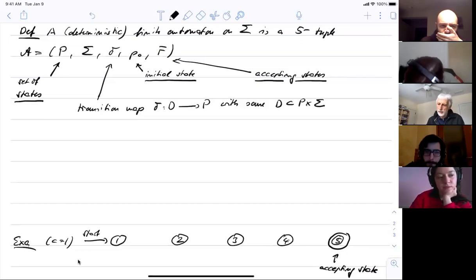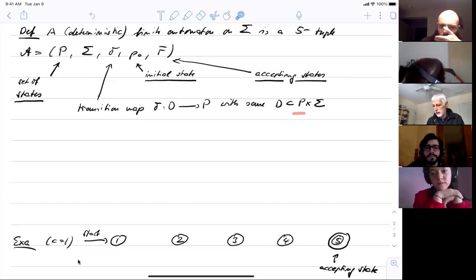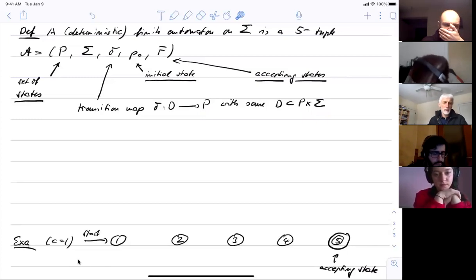So in other words, to a state and to a letter in the alphabet, we assign a new state.